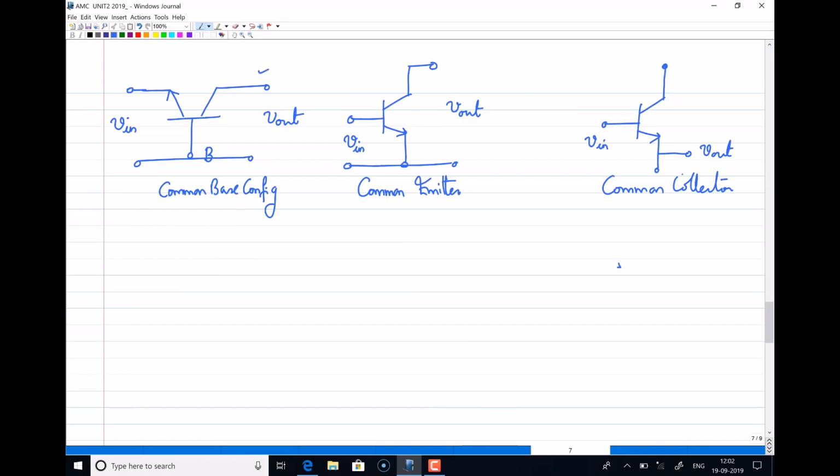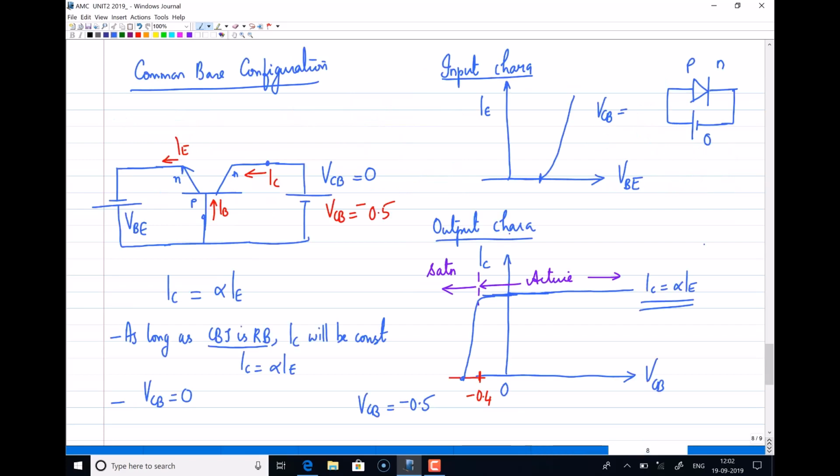So two things I want to conclude here. When I look at the characteristics of common base and common emitter, the input characteristic remains the same because the input side is a PN junction. When it is forward biased, the characteristic looks the same as a diode characteristic. But if you look at the output characteristic of common base, you have the collector-base voltage, and for a zero collector-base voltage, this junction will not turn forward biased.